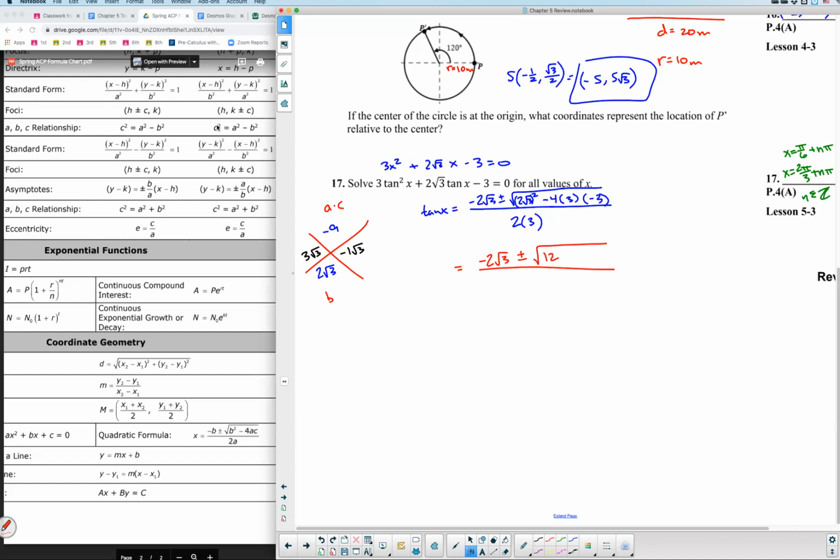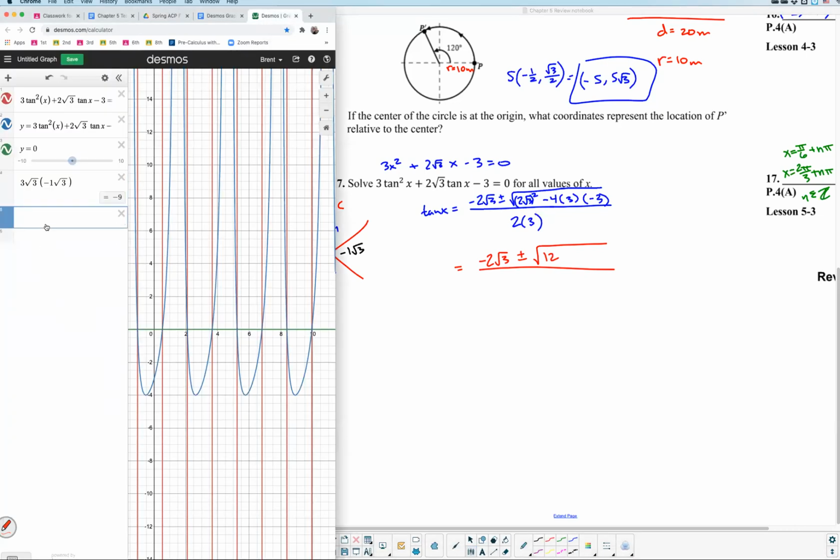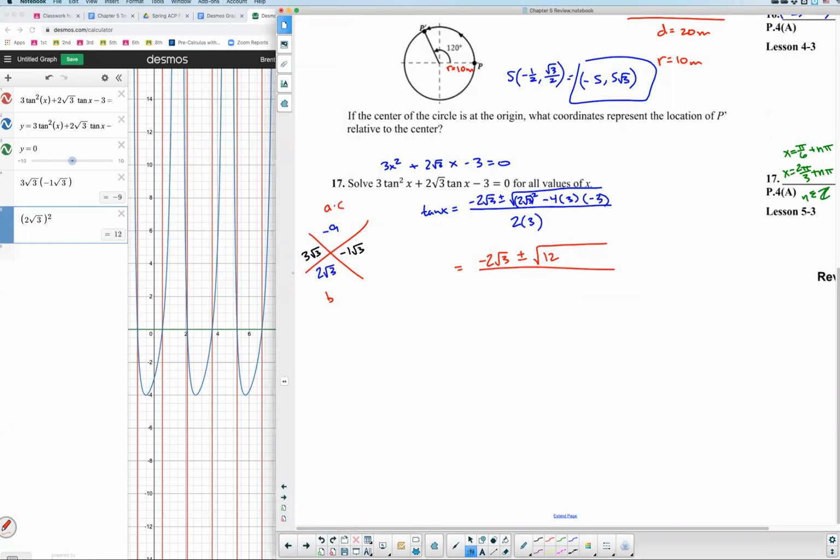If you don't believe me, I'm just going to show you right here. 2 square root of 3 squared should equal 12. And it is. Minus 4 times 3 times negative 3, which means it's going to be plus 4 times 3 is 12 times another 3 is 36.